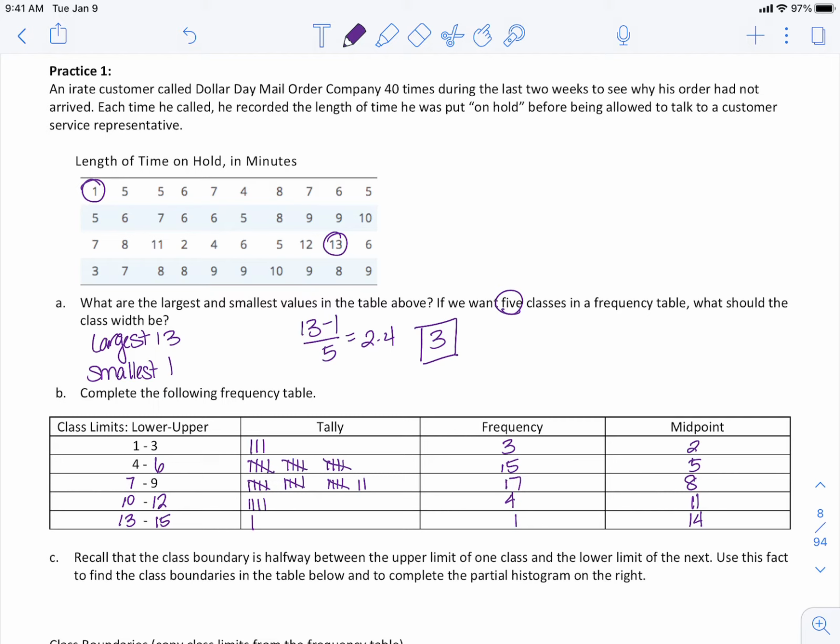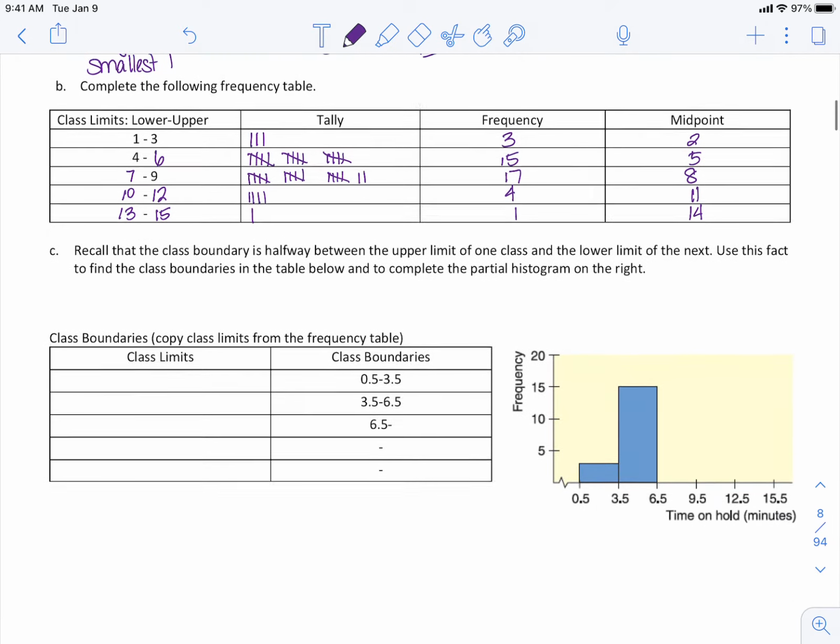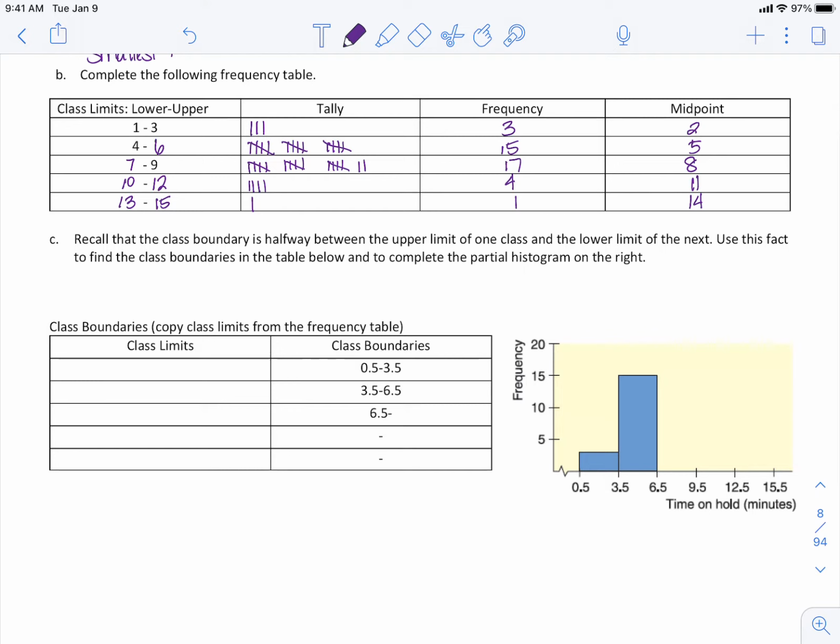It says, recall that the class boundary is halfway between the upper limit of one class and the lower limit of the next. Use this fact to find the class boundaries in the table below and to complete the partial histogram on the right. So our class limits, we had from 1 to 3, 4 to 6, 7 through 9, 10 through 12, and 13 through 15.